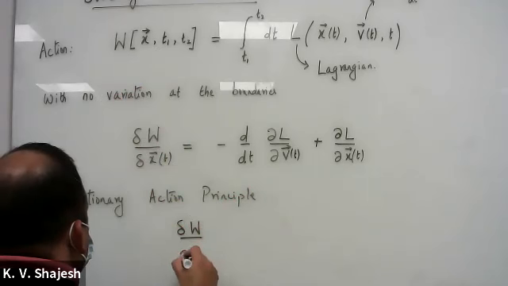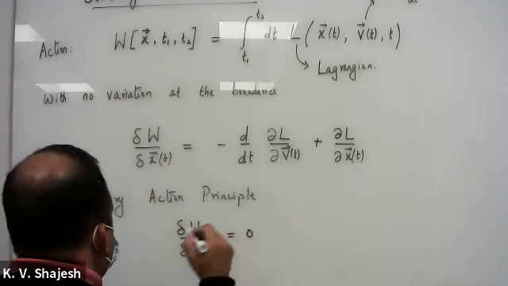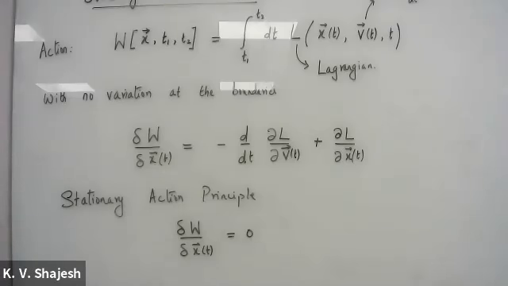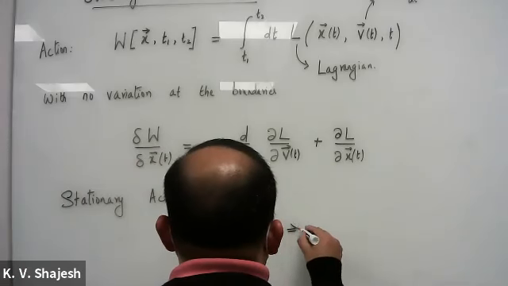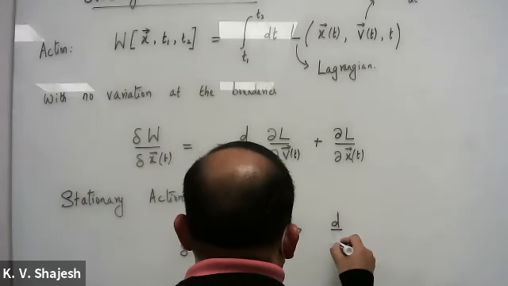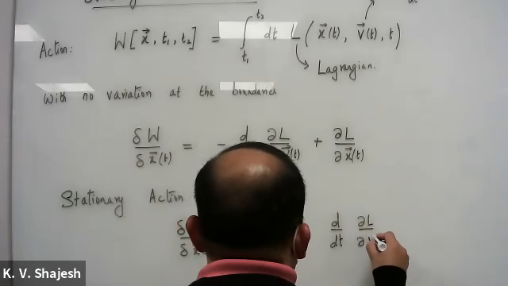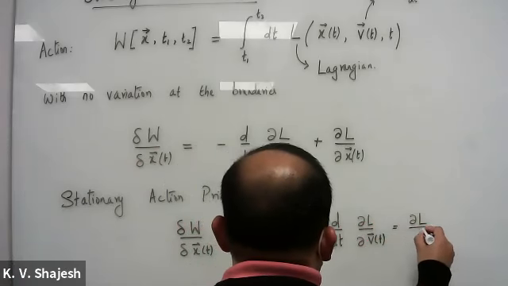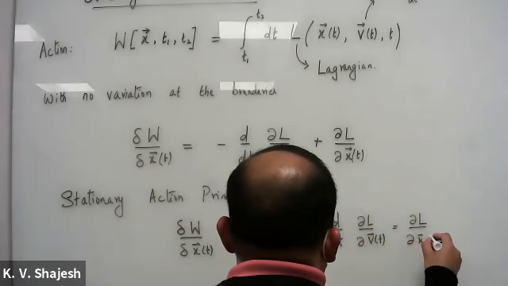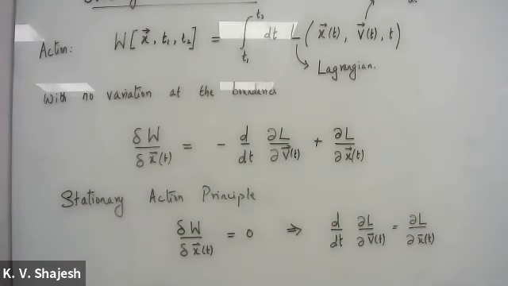We require this to be equal to 0, which immediately implies the Euler-Lagrange equation. That's what we have done.